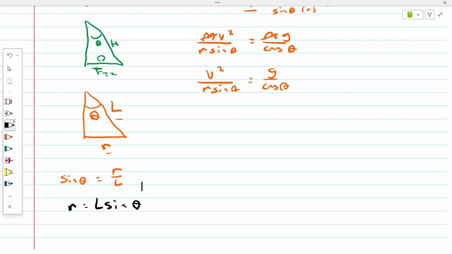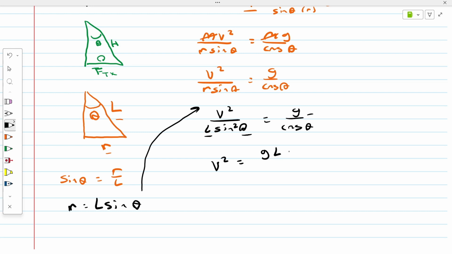Now we can plug this back into our equation here, and we get v squared over L sine squared of theta, because I multiplied the sines together, equals g over cosine of theta. Now we only have L, theta, and g in our equation, and we can solve for v. If we multiply these over, we get v squared equals gL sine squared theta over cosine of theta.